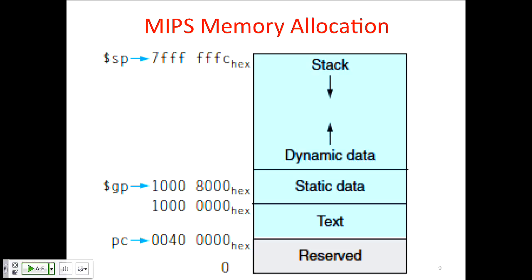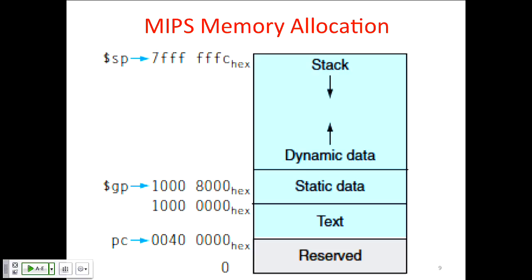And the reason they do that is a very common bug programmers have is using a value that's 0 as a pointer and trying to dereference it, right? Dereferencing a null pointer is a classic bug. And so by making the area around 0 off limits, you'll immediately detect when that's happened because the machine will just crash and say, look, you did something wrong here. You're trying to access address 0. Well, that probably means you had a null pointer that you were dereferencing.